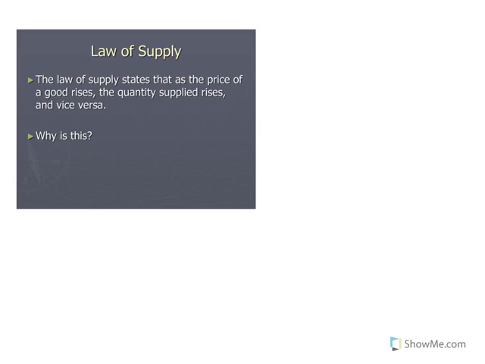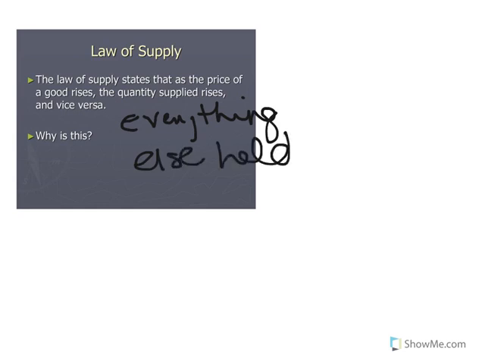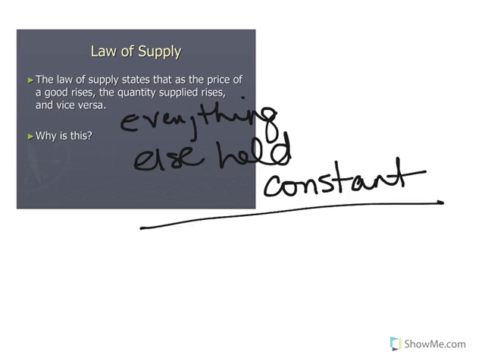And then of course at the end of that definition, what should be written there is everything else held constant. So what am I referring to when I say everything else held constant, meaning all the other factors related to the supply of that good other than price cannot be changing for the law of supply to hold.